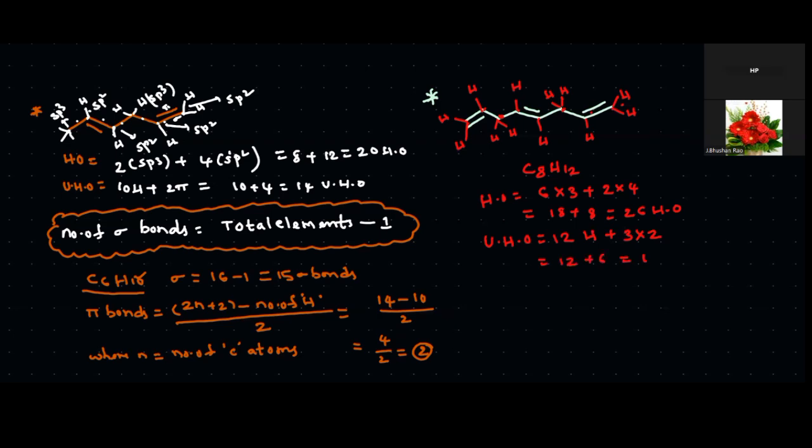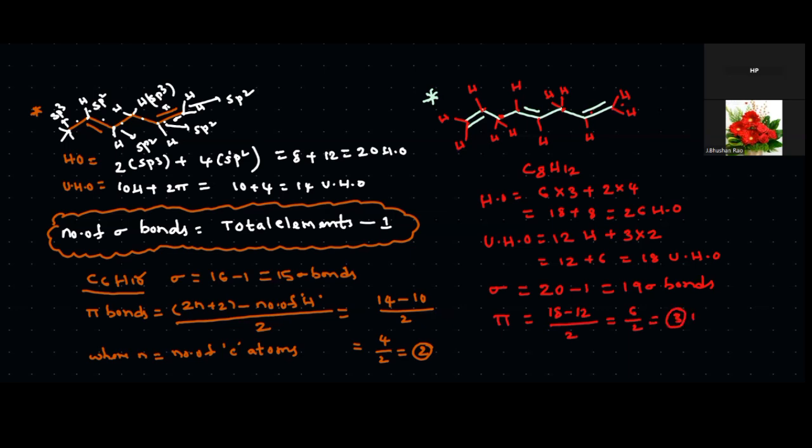For the number of sigma bonds, 8 plus 12 is 20, 20 minus 1, you will get 19 sigma bonds. Next, number of pi bonds. Already it is clearly given, 3 pi bonds, but by using this formula, 8 is the carbon: 2 into 8 is 16, plus 2 is 18, 18 minus 12 is 6, 6 by 2 you will get 3 pi bonds.